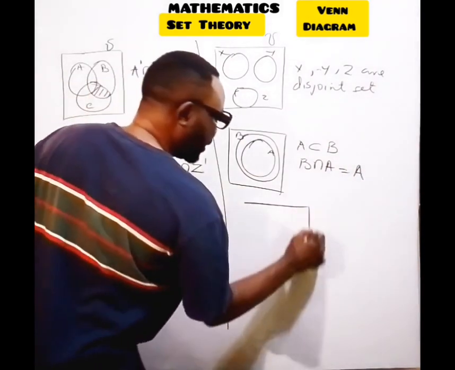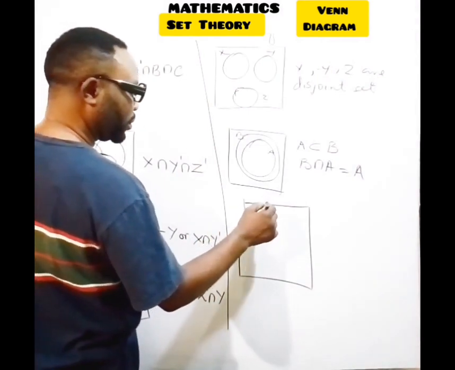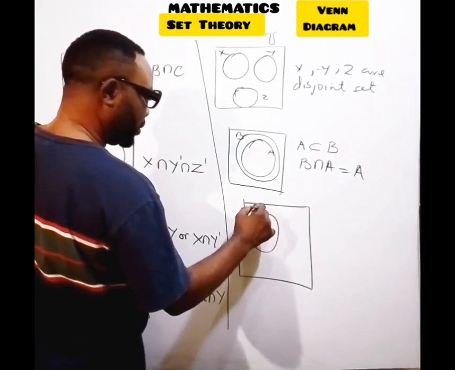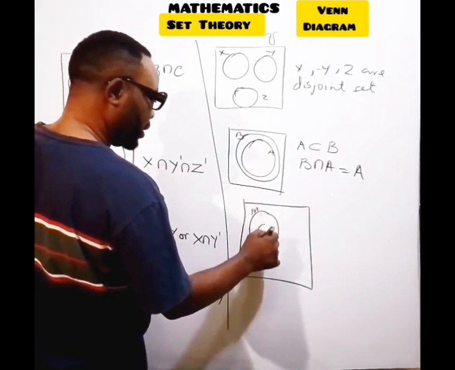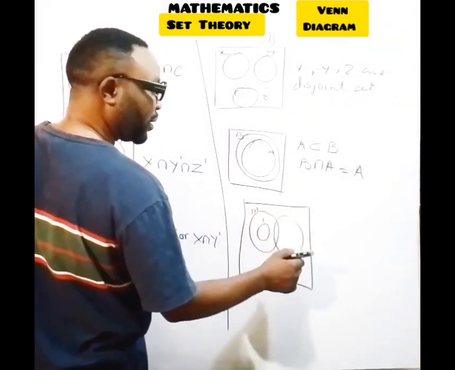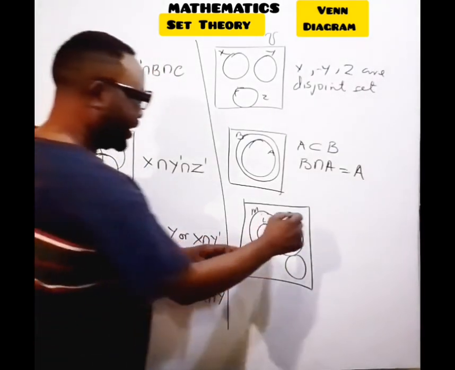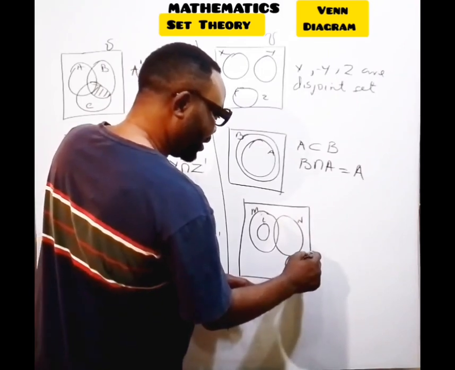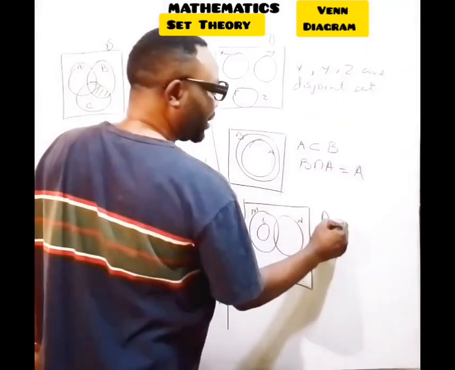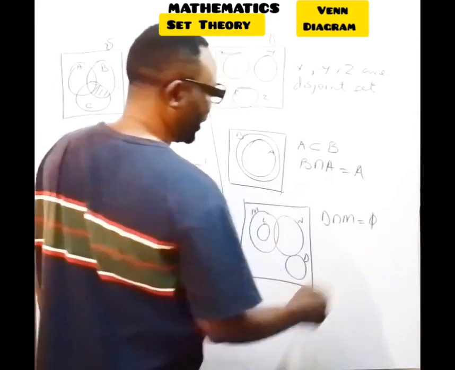If you have this kind of diagram as well, I call this M, and you have this one again in it. We have M, L, N, D. It means that D intersection M is a null set.